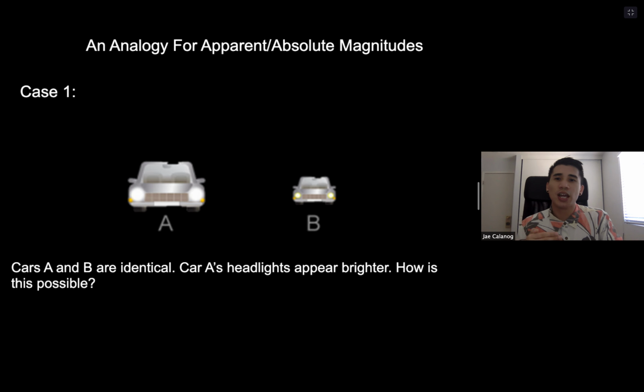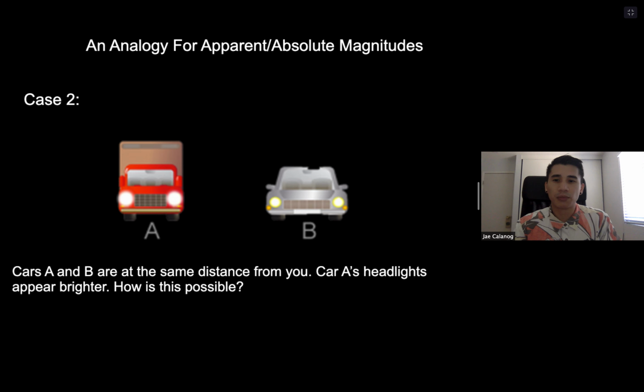But here's the thing, if you move it at the same distance, they would have the same absolute magnitude because they're two identical cars. So case number 2 here, let's say you have car A and you have car B exactly at the same distance from you, but car A's headlights appear brighter. So how is that possible?